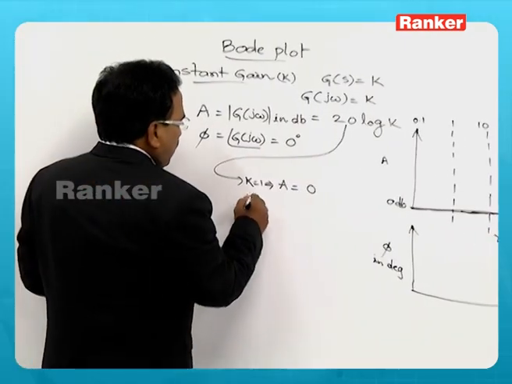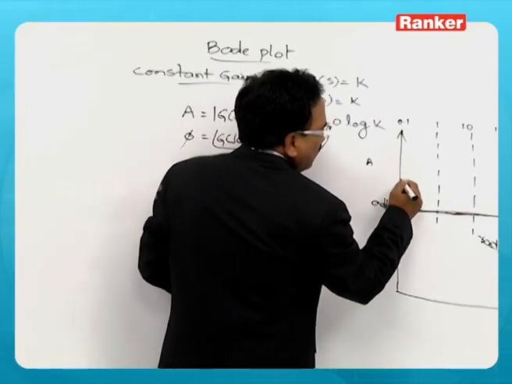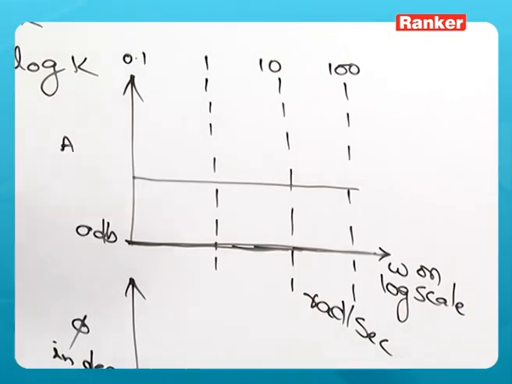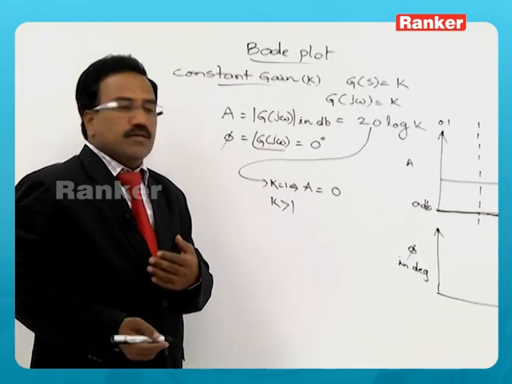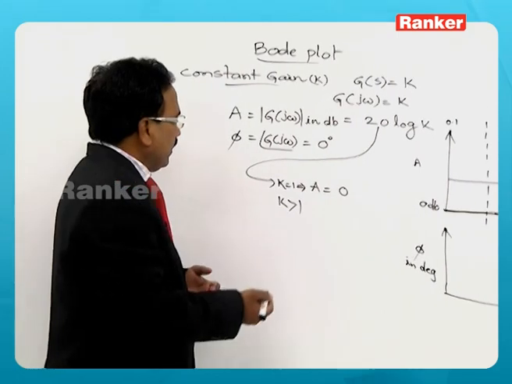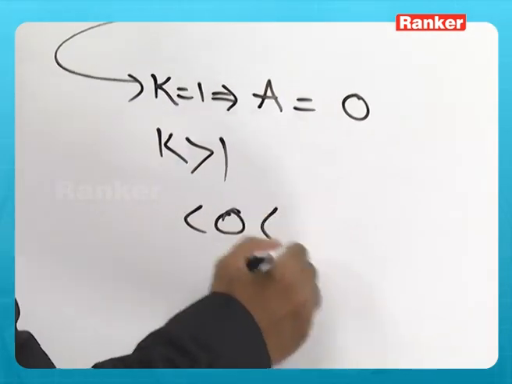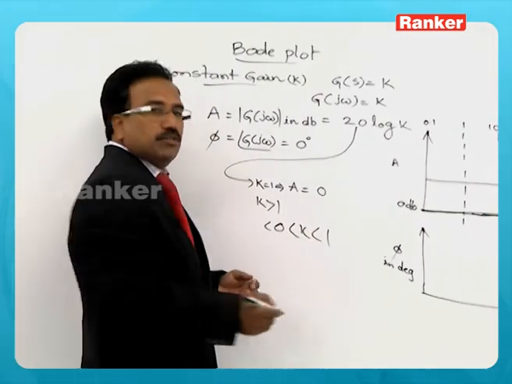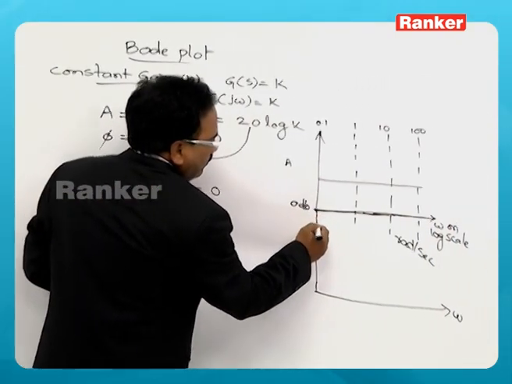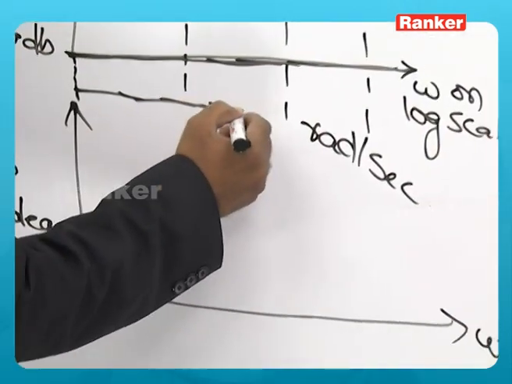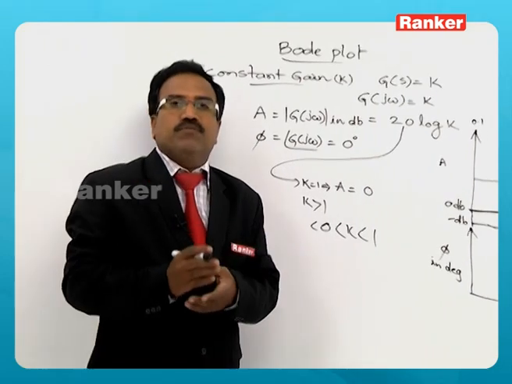If K is greater than 1, then the magnitude is constant, but it is above the 0 dB line. If the value of K is between 0 and 1, then it will have a negative dB.